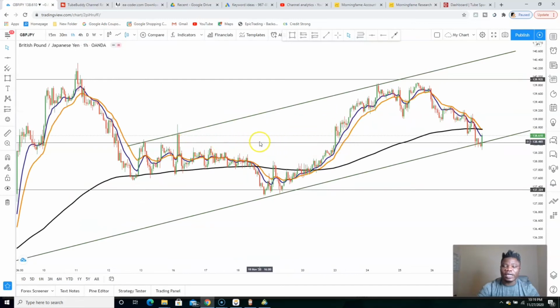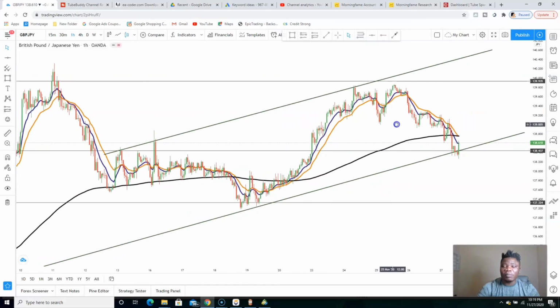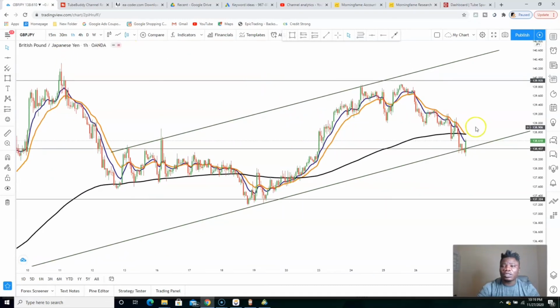As you guys can see, it broke the resistance also, then you can get in this trade on the 1 hour time frame. And as you guys can see, we have our resistance here, and then you just set your TP right there.